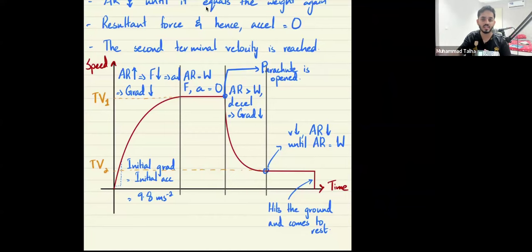So that's really deceleration, right? That's how we explained it. And then because it's slowing down, air resistance decreases again to a point where air resistance equals weight again. That's when the second terminal velocity is reached. And then this continues until it hits the ground.